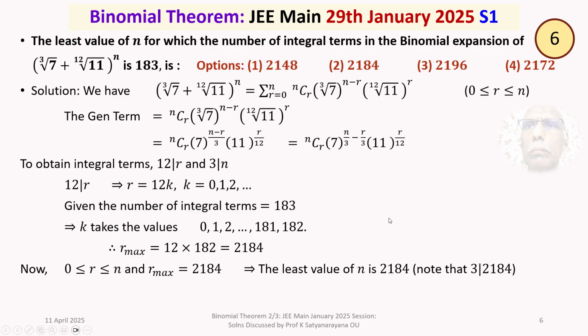Note that 3 divides 2184, so that condition is satisfied. So the answer to this question is 2184, and that appears against option 2. That is the detailed discussion of the solution of this problem.